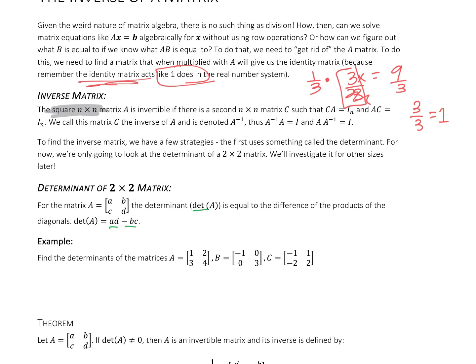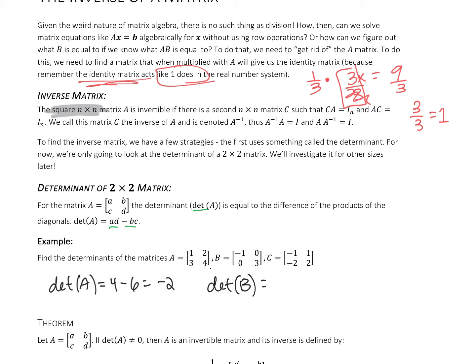So here's a couple of determinants. For A, the determinant of A, I'm going to take 1 times 4, so I get 4, minus 2 times 3 is minus 6, and I get negative 2. Determinant of B, I'm sure you're already way ahead of me on this one.